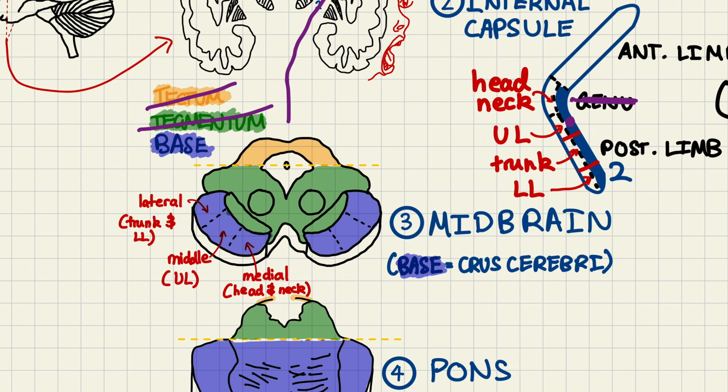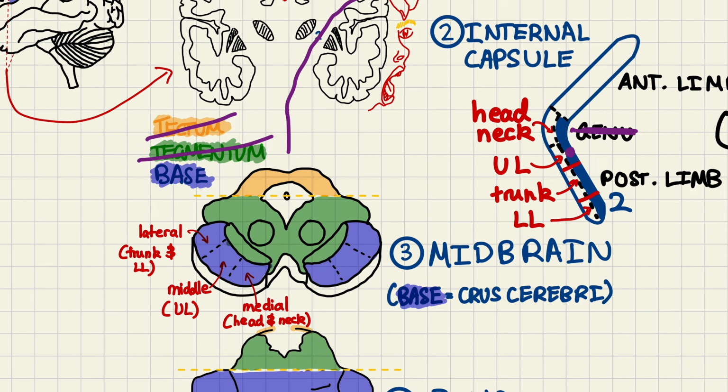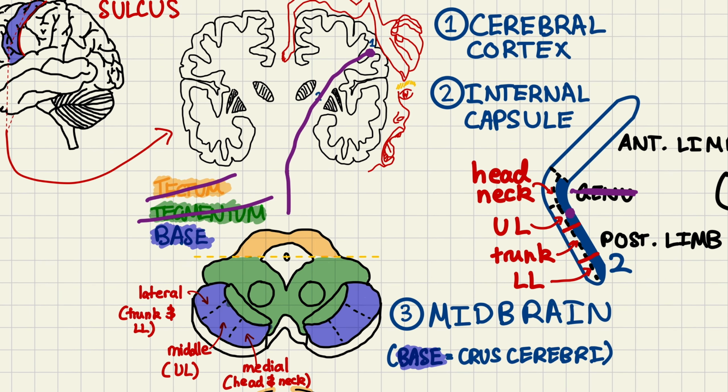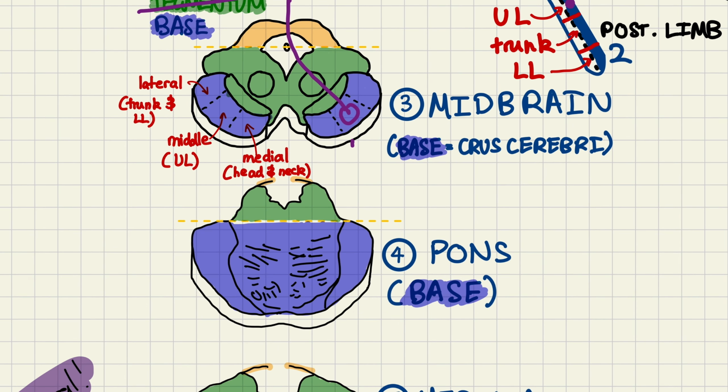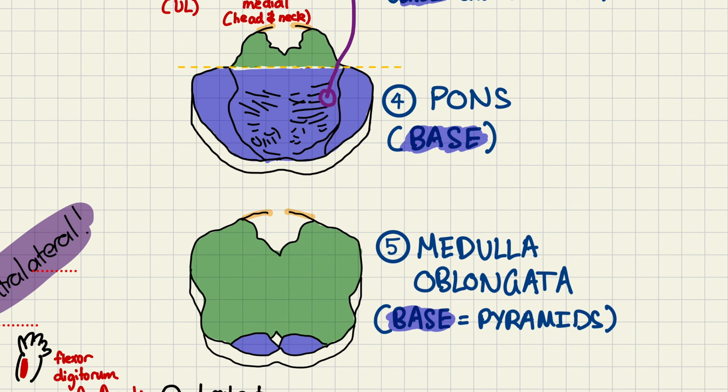Now, as I go onto my midbrain, because I've chosen the example of my hand, I'm going to go through the upper limb region, the middle segment. I'm going to travel down to my pons, and I'm going to go through the base of my pons, and I'm going to travel towards the base of my medulla oblongata. Now, the base of the medulla oblongata, just like the midbrain, has a very specific name, and it is known as the pyramids of the medulla oblongata.